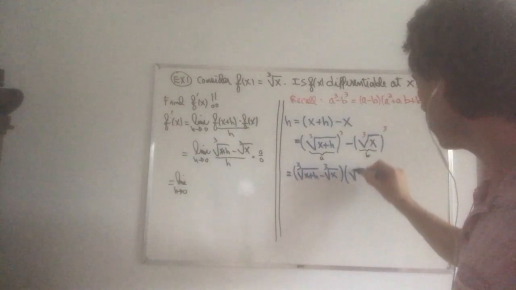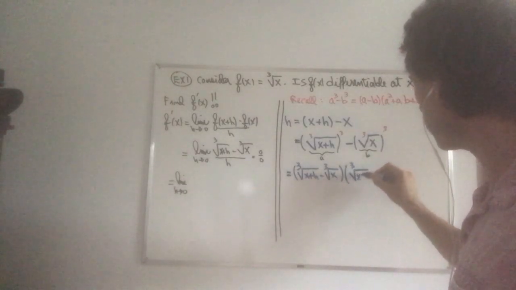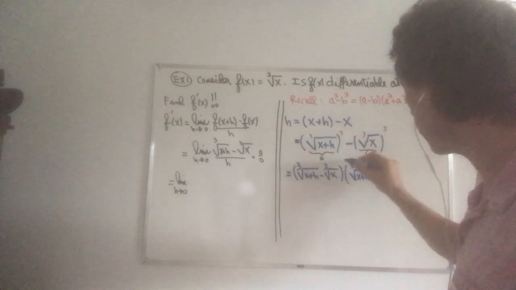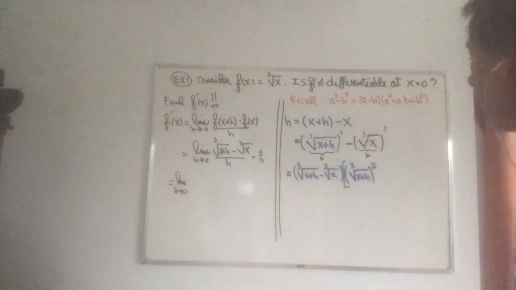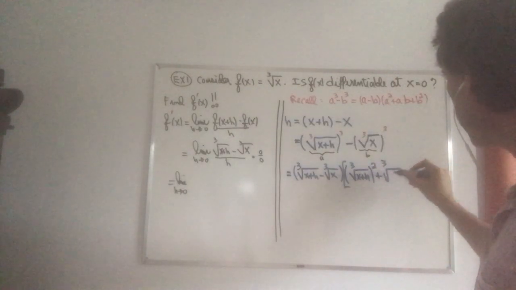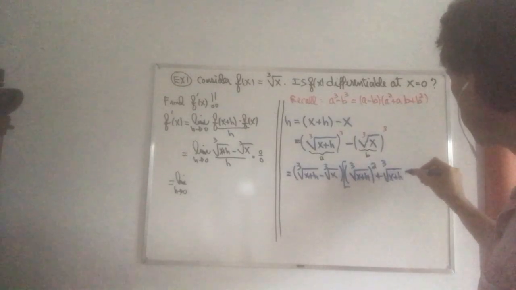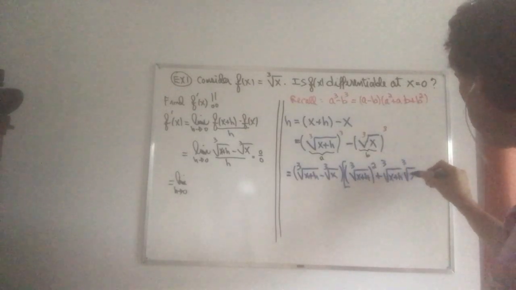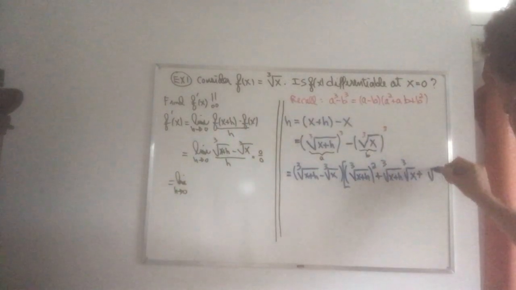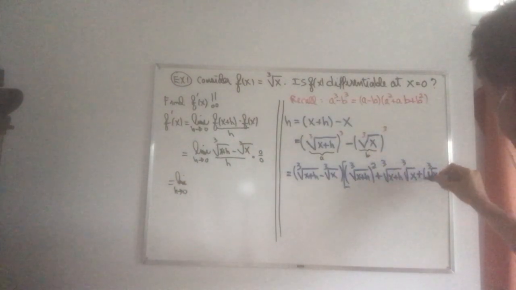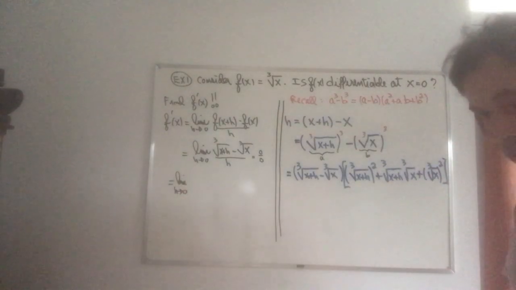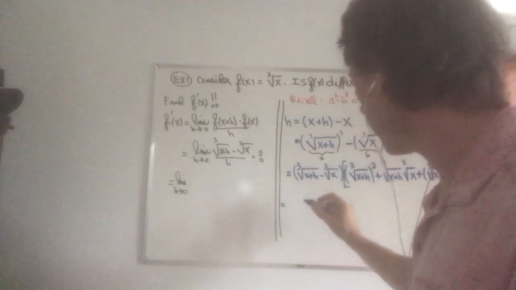So a squared, the cube root of x plus h, squared. Let's put the bracket here and a square bracket there. Plus ab, the cube root of x plus h times the cube root of x. Plus b squared, the cube root of x, squared. And let us close the square bracket. How can I rewrite this so it's a little more elegant?